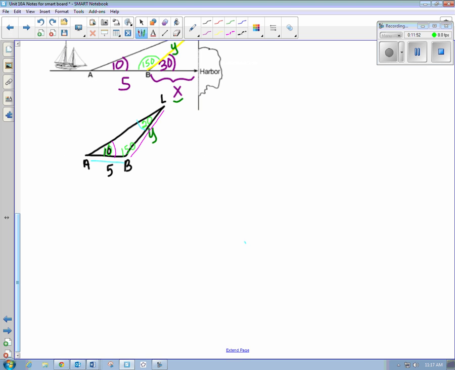I'm going to do the sine of 20 over the side equals the sine of 10 over the side. And then I'm going to cross multiply and solve. So when I cross multiply, I get y is equal to 5 sine 10 divided by sine 20.